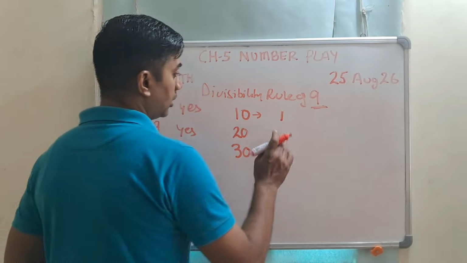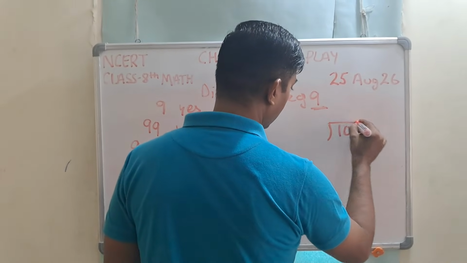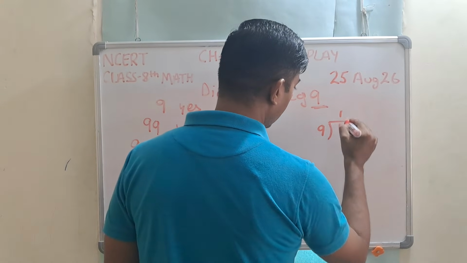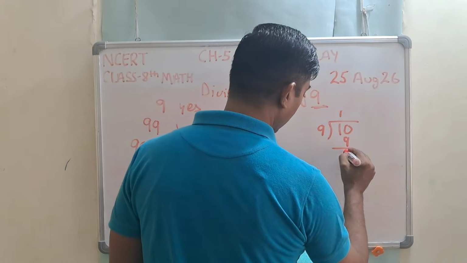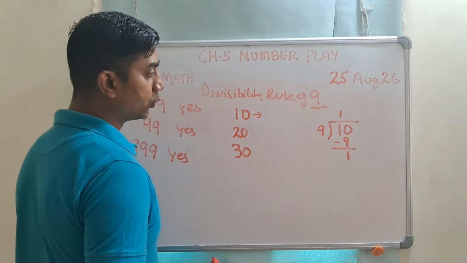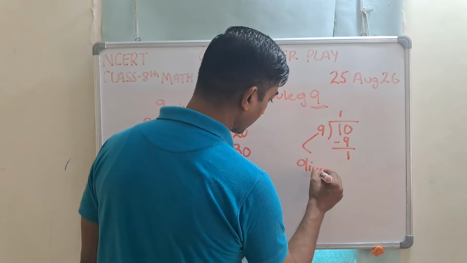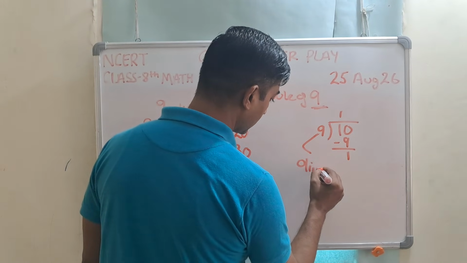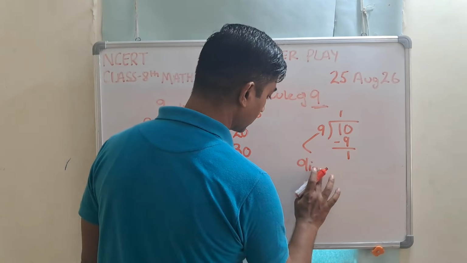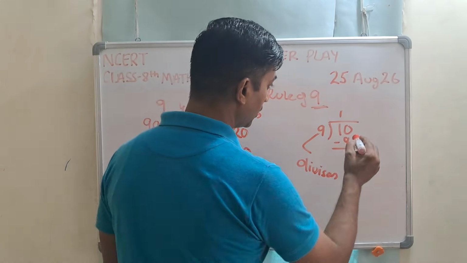So this is 10, this is 9, this is 1, and this is 1. All of you know what this is? Divisor. What is this?